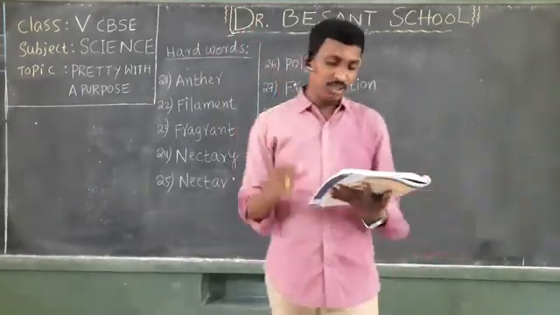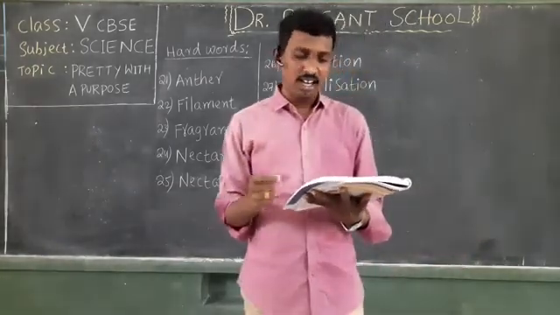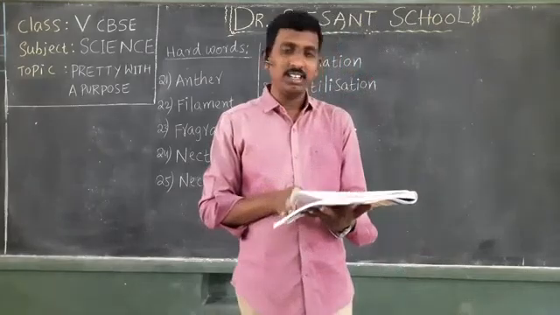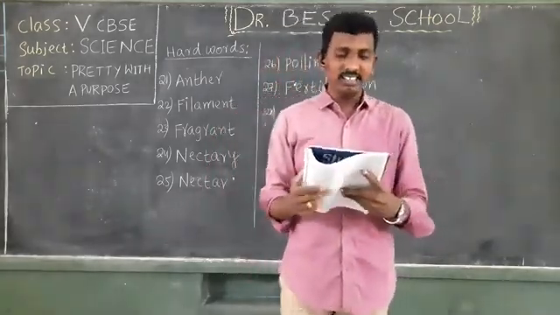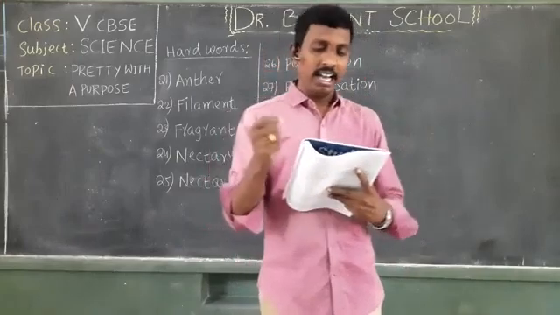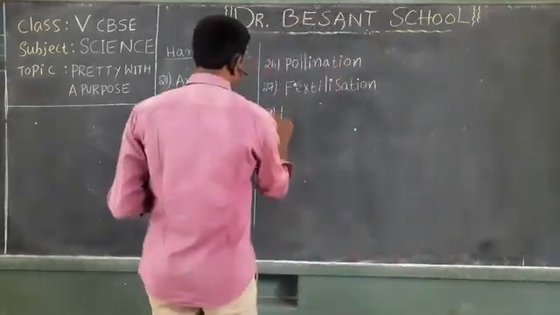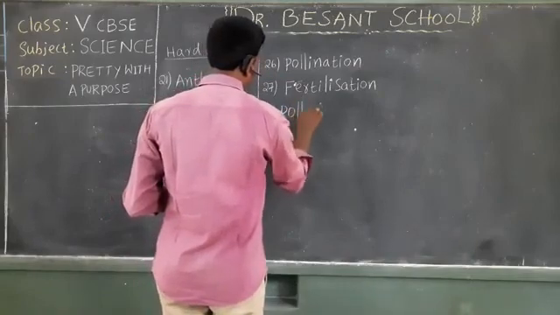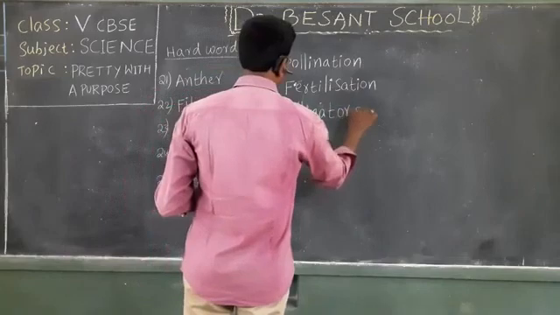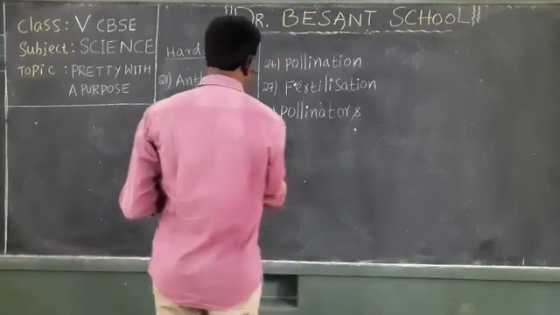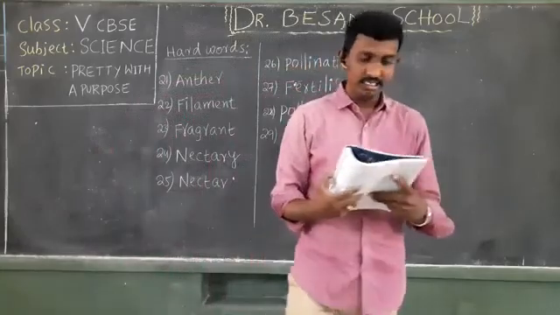Okay, flowers use their colorful petals, fragrance, and nectar to attract the insects towards themselves. Living things and non-living things act as agents of pollination called pollinators. Okay, my dear students, pollinators.